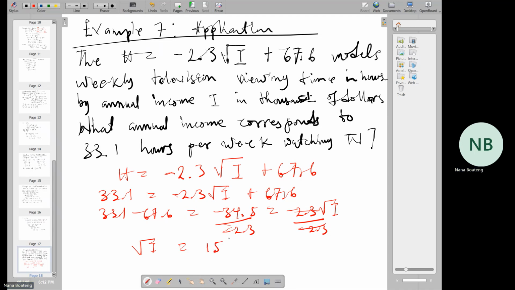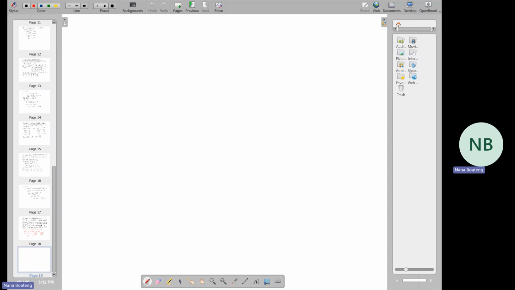Then we can square both sides, so square root of I squared is equal to 15 squared. Square root of I squared is I, so I is equal to 15 squared, which is 225.